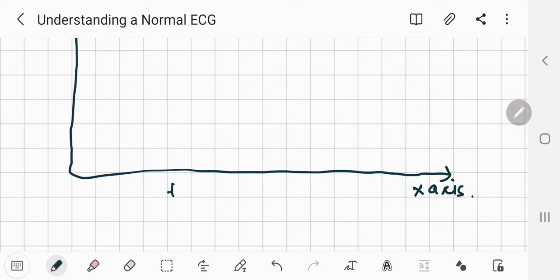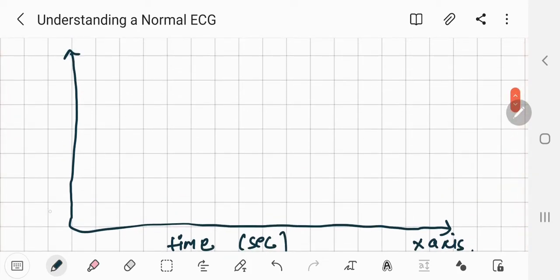On the x-axis is represented time in seconds, and on the y-axis is represented amplitude, that is how powerful these electrical signals are in terms of millivolt. If the amplitude of the ECG is high, that means the electrical signals are high. If it is low, that means the electrical signals are low.